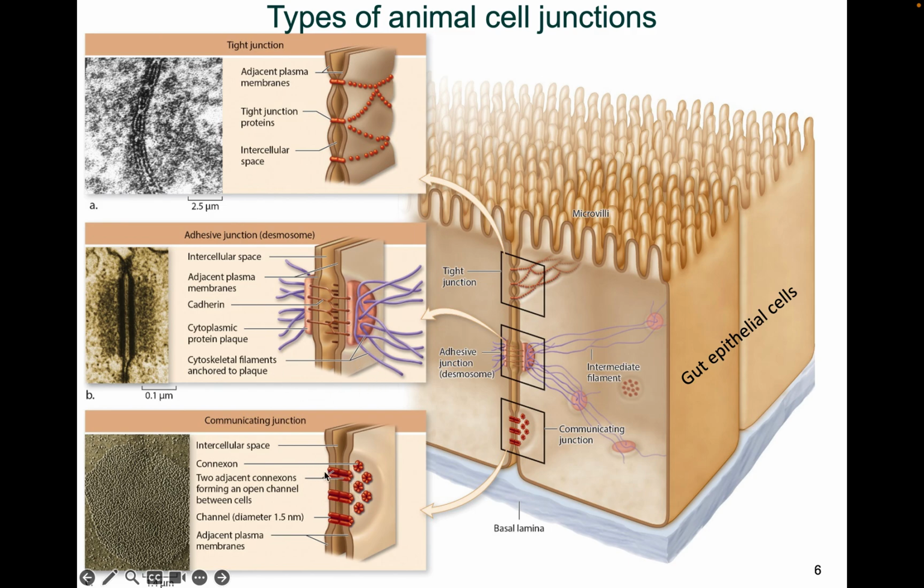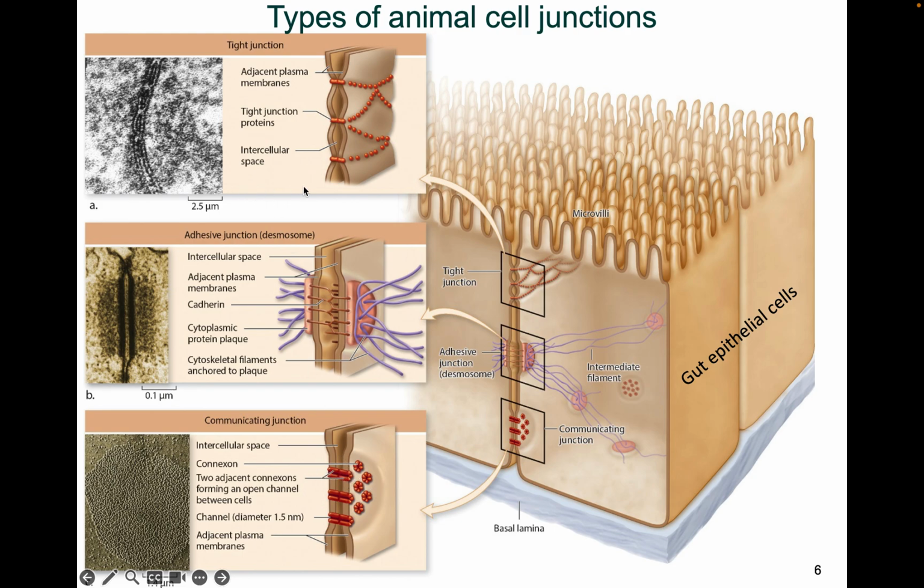Here you want things to pass through, because now that you open this channel, you're letting ions and macromolecules go through. So these cells can communicate with each other through ions and macromolecules, because you have an opening. In this case, you have these connexons, which are proteins that create these kind of tubes or channels between two cells.